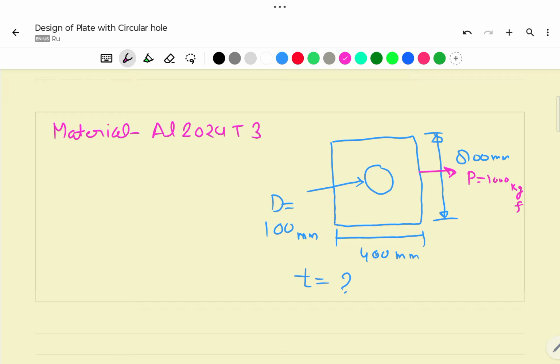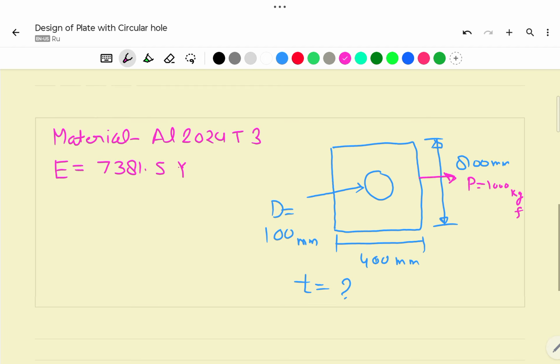We need to come up with the final dimension of the structure, the thickness. Its Young's modulus value is 7381.5 kgf per mm square, and FTU, the ultimate tensile strength, is 43.5 0.86 kgf per mm square.